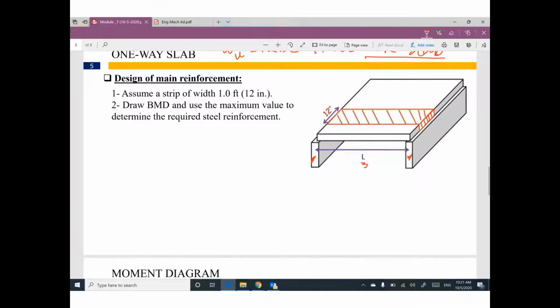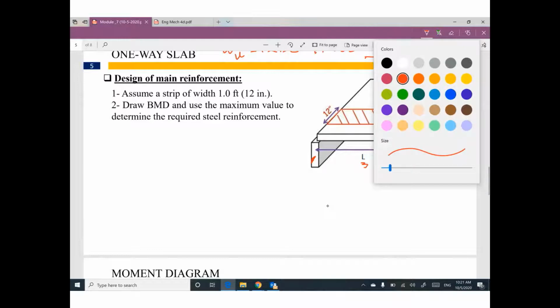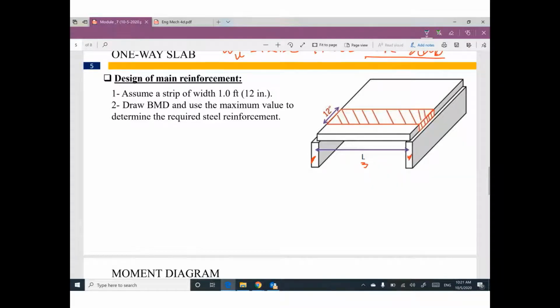So guys, I'm gonna assume one strip because your slab is extended in this direction. Can you watch this strip? Strip only, one strip from the slab with width equal to unit, 1 foot or 12 inches.